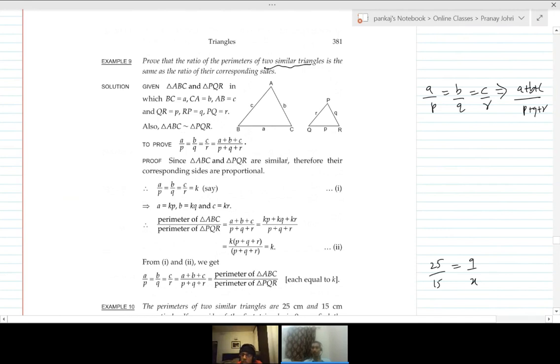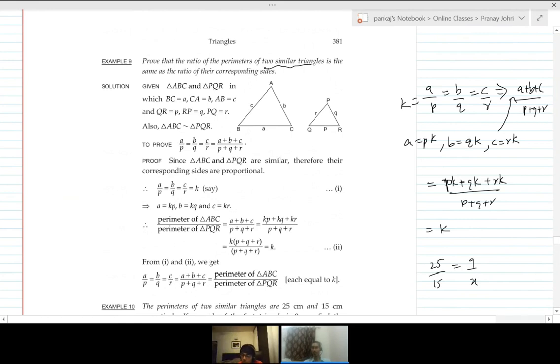How do we do that? So if this is K, then A becomes PK, B becomes QK, and C becomes RK. Just put this here. So we get PK, QK, RK by P, Q, R. So K is the common term.